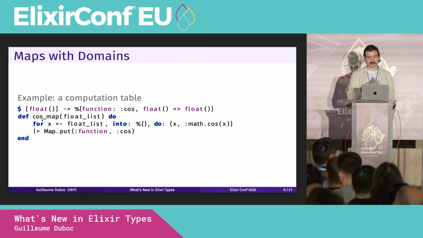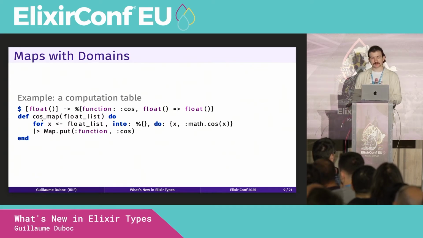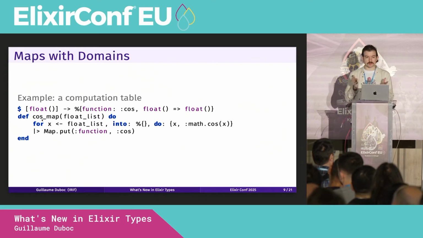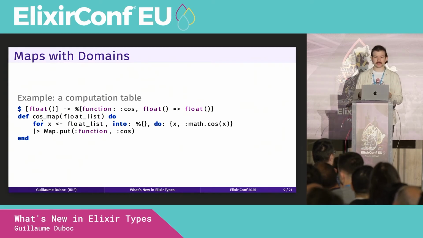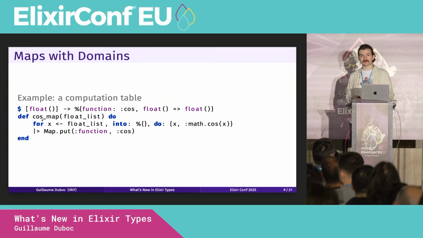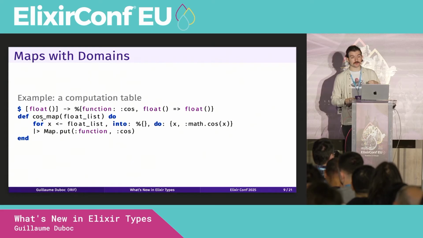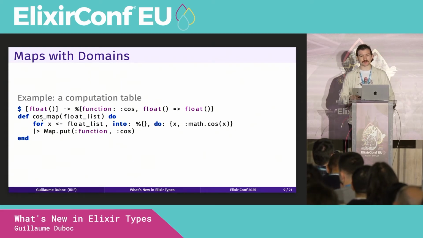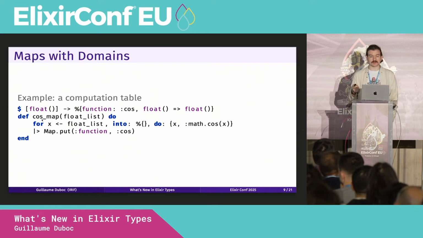For instance, here, the cost map function receives a list of floats, and it returns a map with some tag that tells you what function I computed, and then you expect that when you manipulate this map afterwards, you will always get floats when querying floats on it.